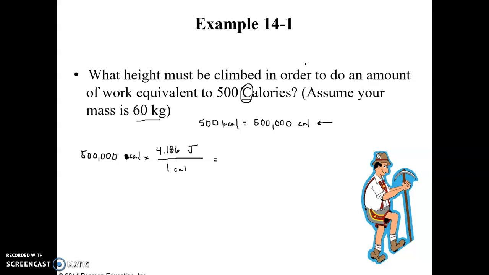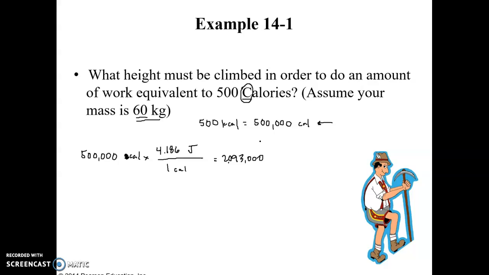Okay, so we convert that and we get 2,093,000, which if I round that off to, well, again, the author gave us a round number here, so is that 1 or 2 significant figures?